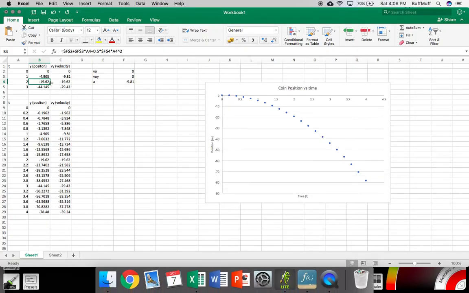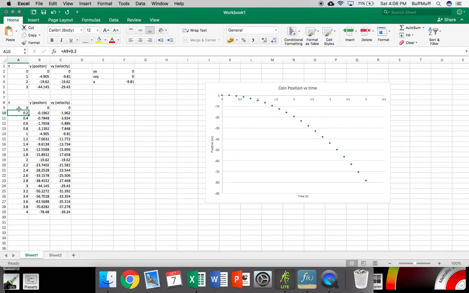We have already calculated the position with reference to my original point, to where my 0 was. We have calculated the position, and we have calculated the velocity. Now what I did here is I took this formula right here and this formula right here, but now I calculated my position and my velocity not at 3 points, 1, 2, and 3, but at all of these points from 0 to 4 at 0.2 second intervals.